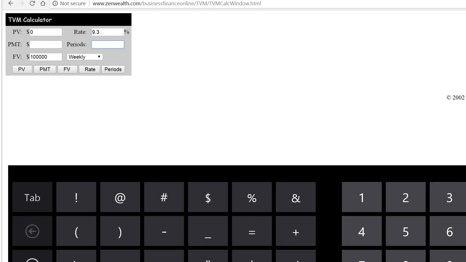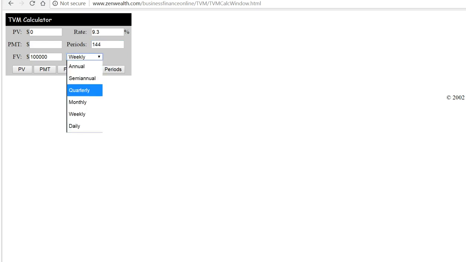There were 12 years and 12 months in a year, giving us 144 periods. And the compounding is done monthly, just like the payments. Now we're going to click on the PMT button to find the payment. And notice we have negative $379.99. It's negative again because that's what the person will be paying out.